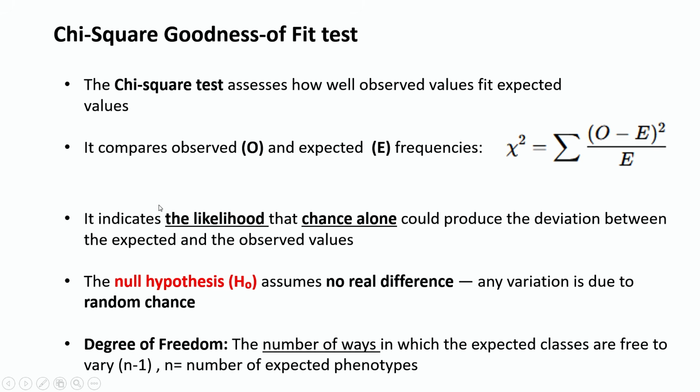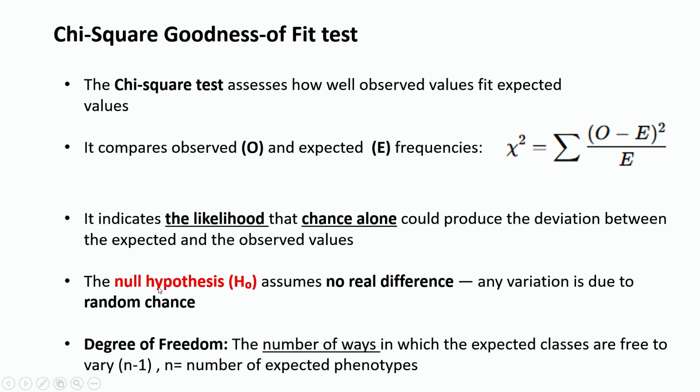This chi-square value is going to indicate the likelihood that chance alone could produce a deviation from the expected line. You are trying to understand whether whatever data you get is significantly different from the expected or exactly the same. When we analyze this kind of data, we make a hypothesis.